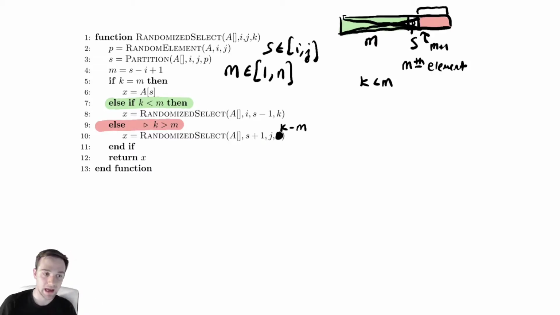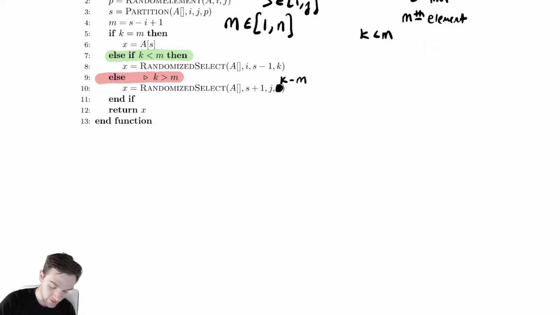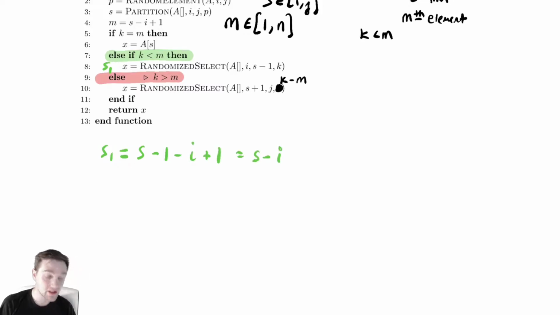Now, like we have done several times in the past, let us compute the sizes of these recursive calls. The size of the first recursive call here is s minus 1 minus i plus 1, which is s minus i. And just like we did for our quicksort implementation, we want to re-express this in more useful variables.